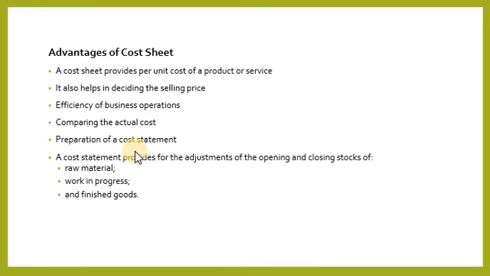The first one is that a cost sheet provides per unit cost of the product or service. Based on that unit cost of the products, we will identify how many products we are producing. If you want to produce 1000 products, then how much cost will be there? If you want to produce 500 products, then how much cost will be there? How to identify? Second one, it also helps in deciding the selling price.